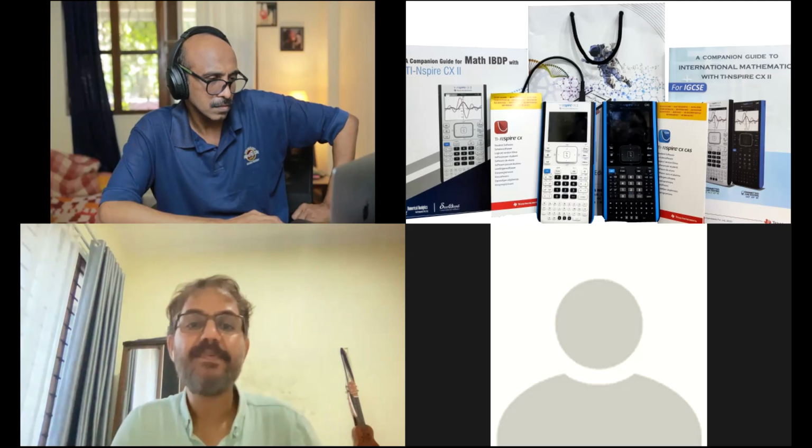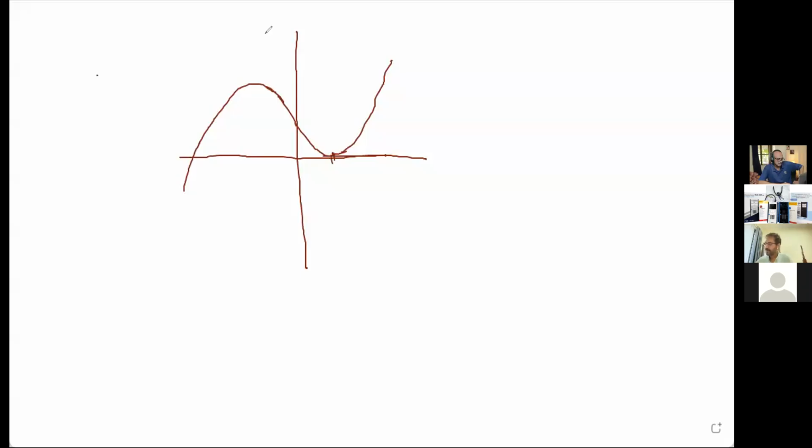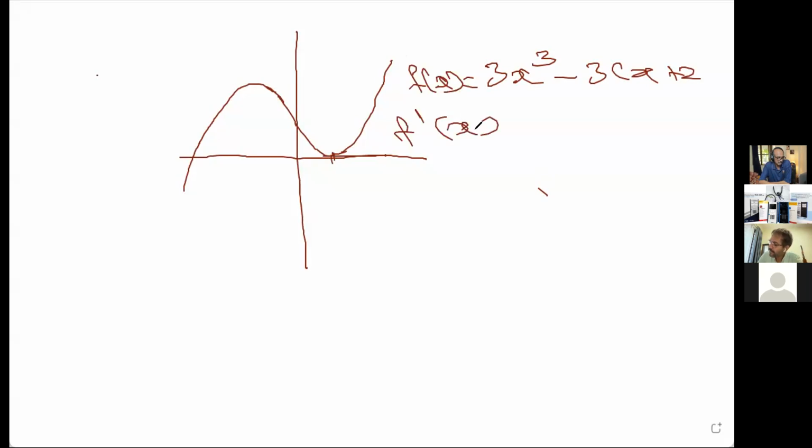Okay, so the equation here is x cubed minus 3cx plus 2, this was your f(x). So f prime, that is the derivative, will be 3x squared minus 3c.